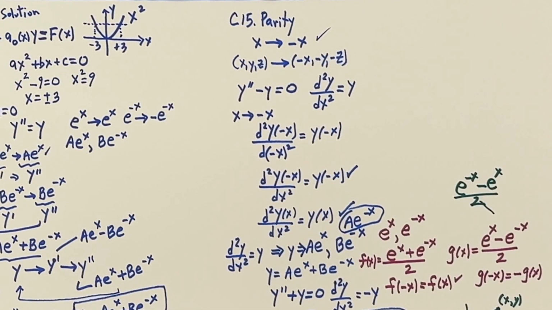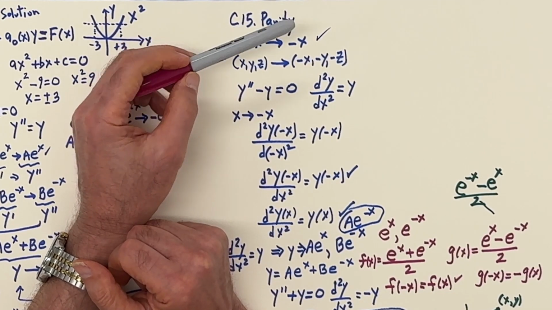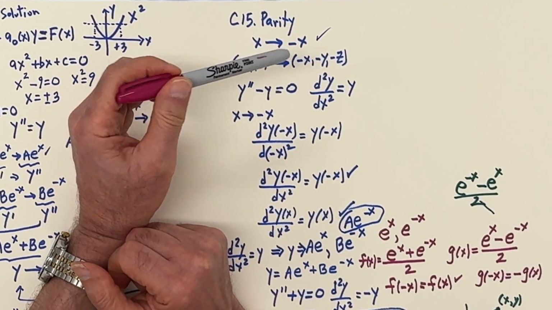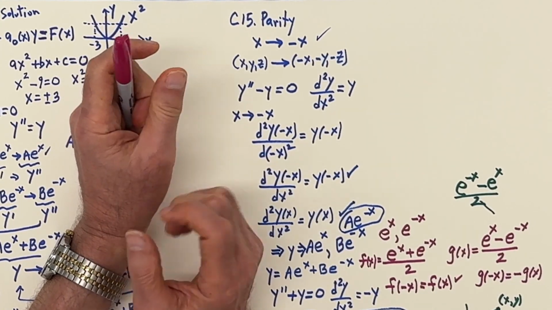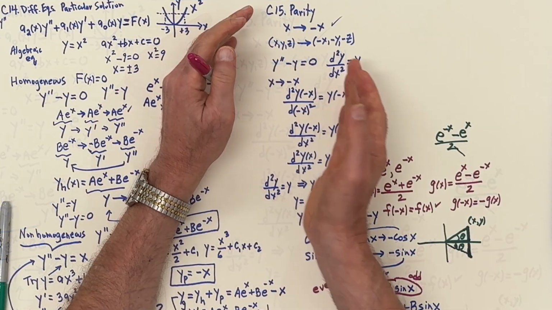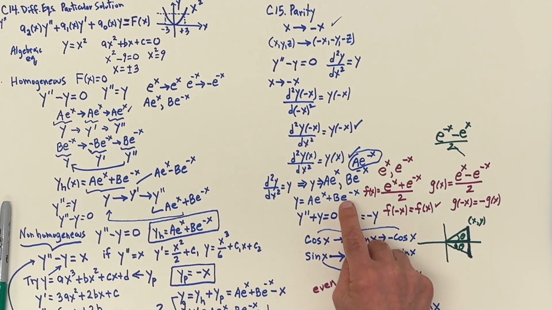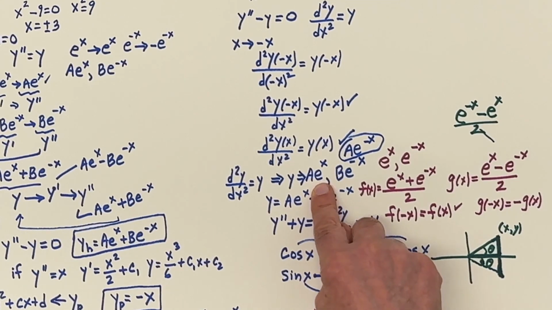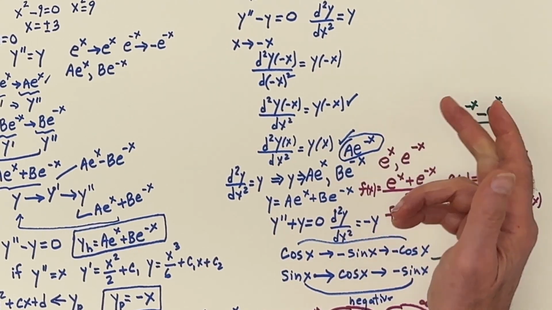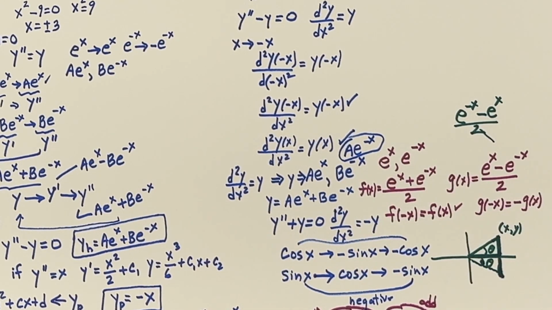So that's the important thing I wanted to cover here, that to say this fancy way, if the differential equation is invariant under a parity transformation, that we can find solutions that are even and odd. Either they pop out, even and odd, like we saw that happen with the cosine and sine, or if they don't, we can simply construct them because one function that we get, we know that the other one's going to have the negative x. And then by doing this trick where we add and subtract them, we can then find the even and odd functions.